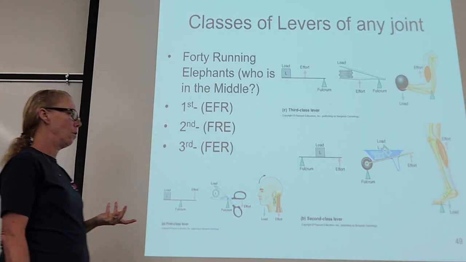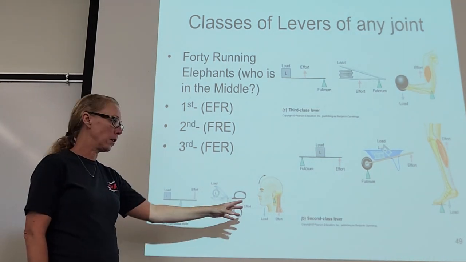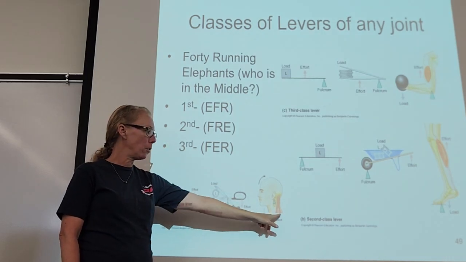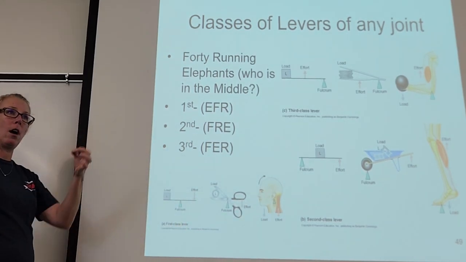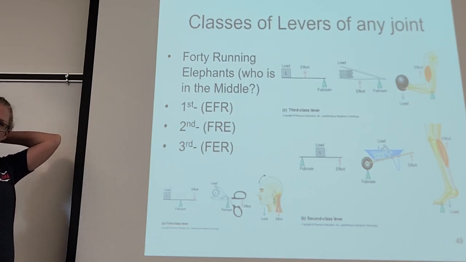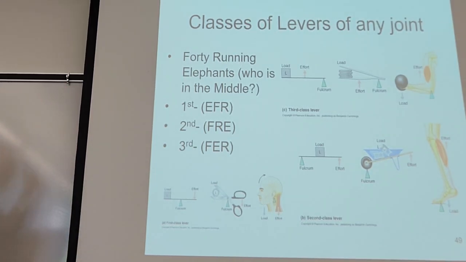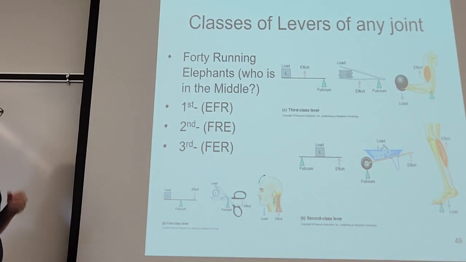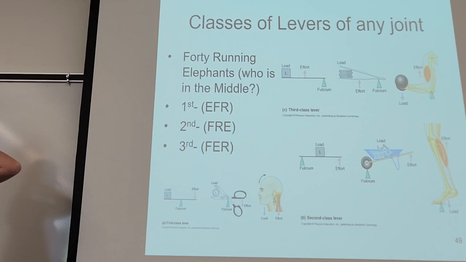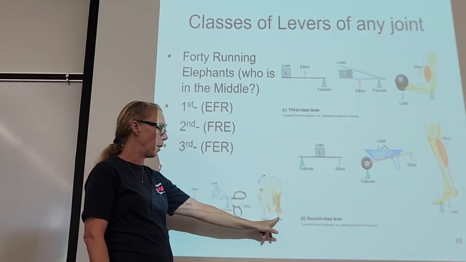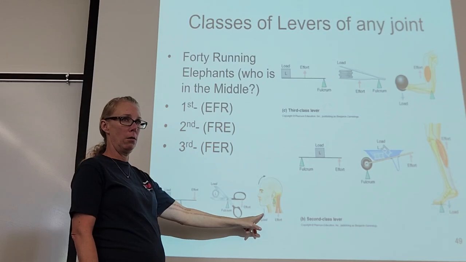But a great anatomical example of that would be your skull connected to your vertebra. The load is going to be the weight of your skull pulling down. The effort is going to be the force required of the musculature on the back side of your neck, which we're going to learn in lab over the next 2 days: your trapezius muscle, your levator scapulae, your splenius capitis. When you start identifying those muscles, you realize they all sit on the back of the neck. So those muscles are required to contract in order to meet the load.